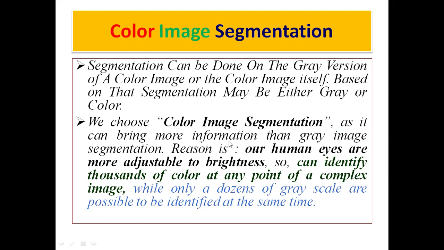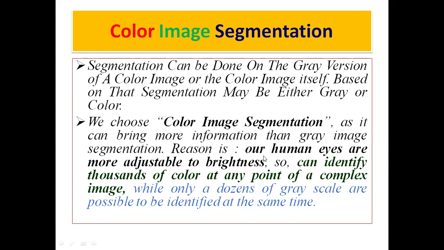And what is the reason? Our human eyes are more adjustable to brightness, so we can identify thousands of colors at any point of a complex image, while only a dozen grayscales can be identified at the same time.